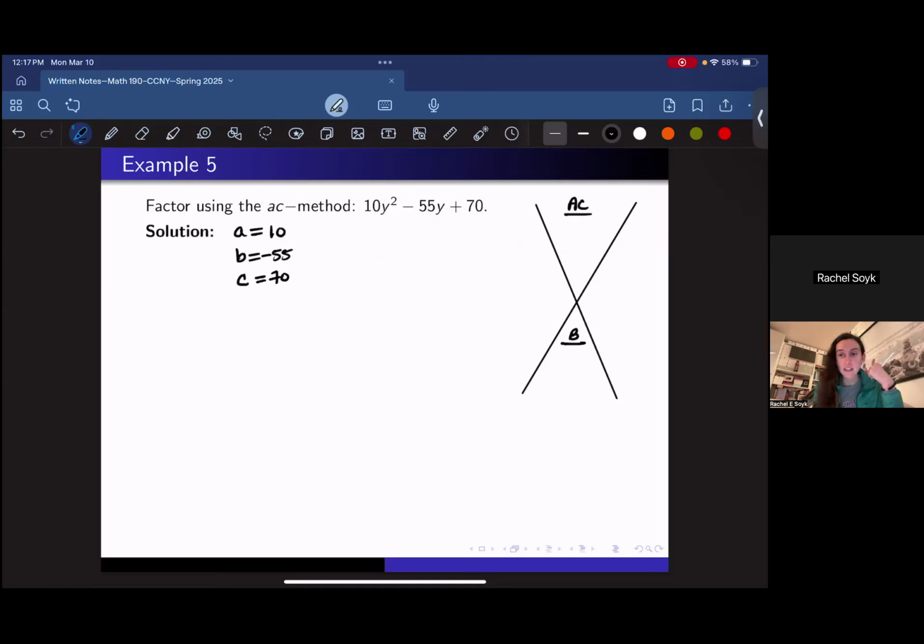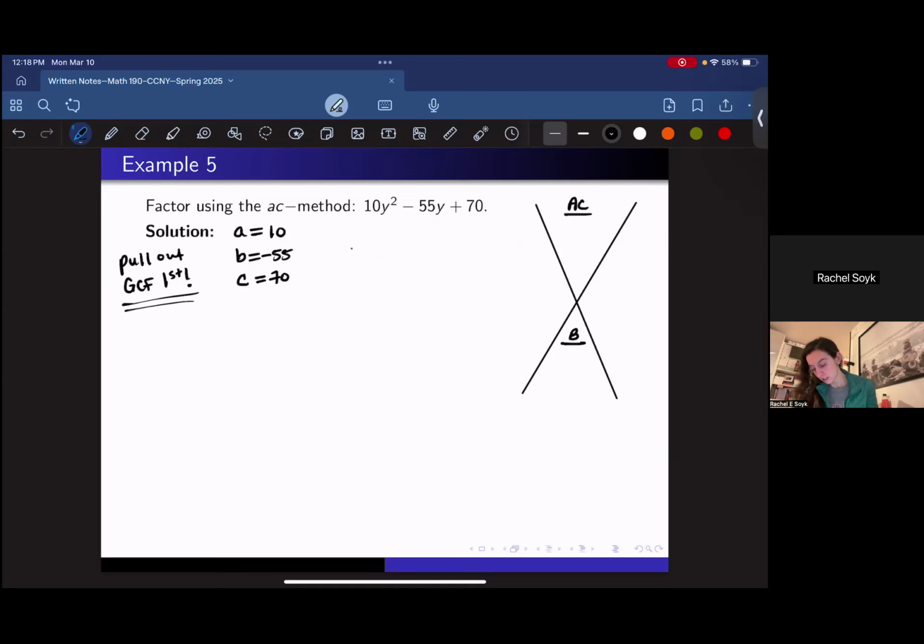Do we have a GCF here? Yes, we do. Pull out the GCF first to make your problem easier. Could you solve AC without pulling it out? You can. It's just going to involve a lot more factor pairs and it will be a bit more tedious.